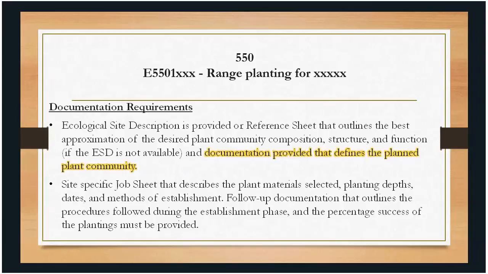That's all I had on these range planting practices. I don't think they're going to be that common. They have to be very specific for purposes of wildlife habitat or soil organic matter depletion.